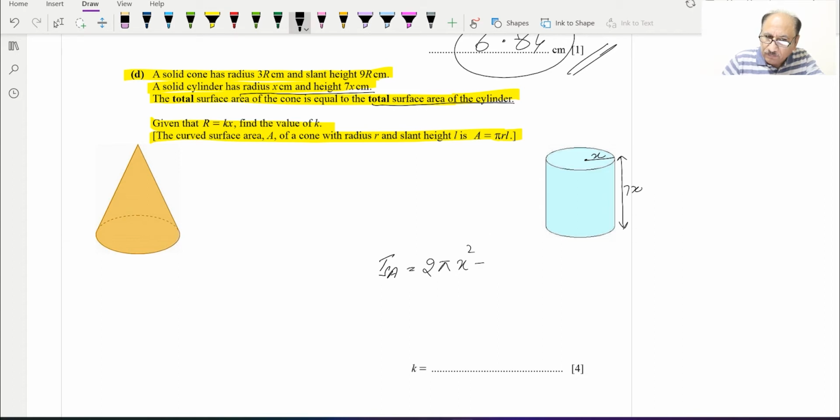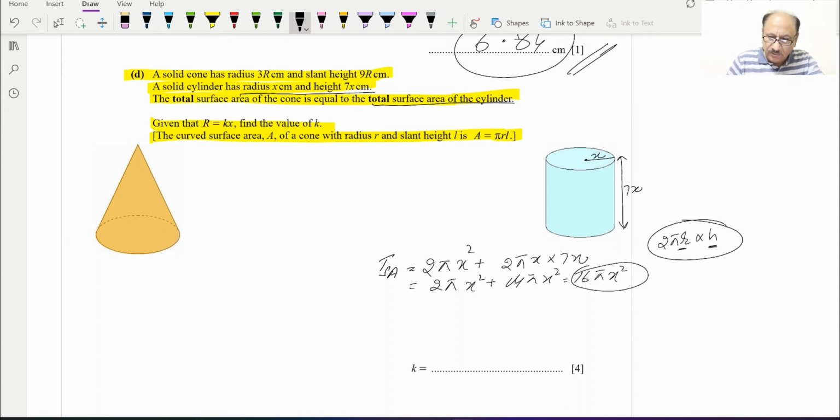Plus then we check the curved surface area. Curved surface area is 2 pi r multiplied by h. So r is x here and h is 7x. So we write 2 pi x into 7x. We can simplify: 2 pi x square plus 14 pi x square, and 14 plus 2 is 16. So 16 pi x square will be the total surface area of the cylinder.